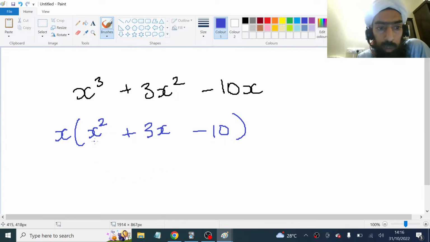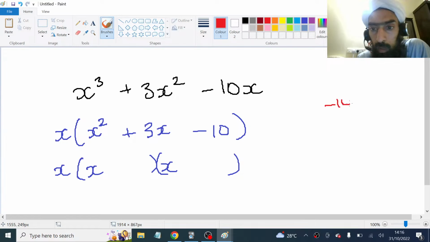Then don't stop. You notice this is your quadratic expression. This is something you factorized a lot in GCSE and a little bit already in these lessons. So this can go into two brackets. X squared can only come from x and x. And now, how do we fill in the rest of the bracket? Again, GCSE, exactly the same technique. Minus 10, we can think of the factors of minus 10.